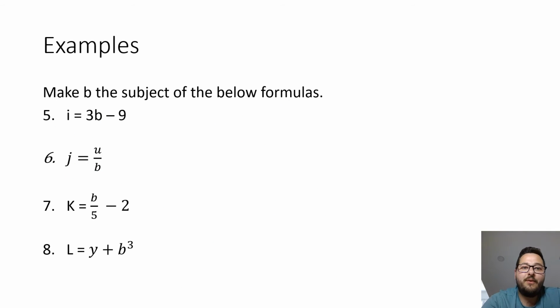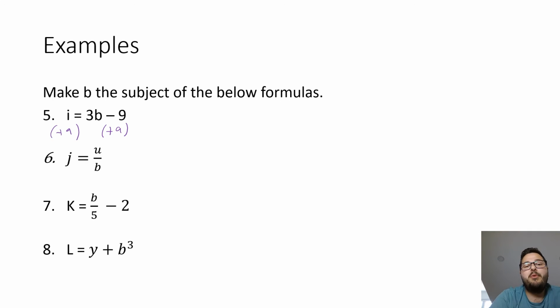Okay, let's look at a few more interesting ones now. Now we want to make B the subject of the below formulas. This first one, we've got 3b minus 9 is I. The first thing we want to do is add 9 to both sides.